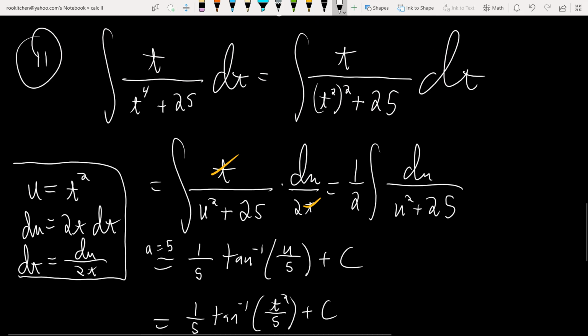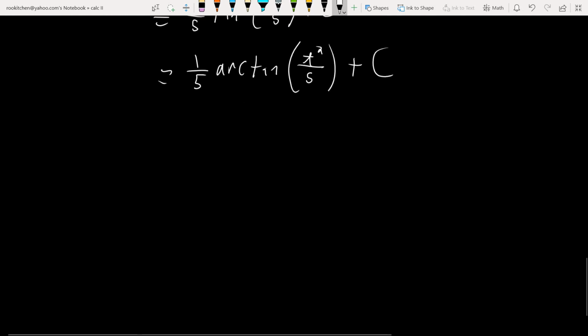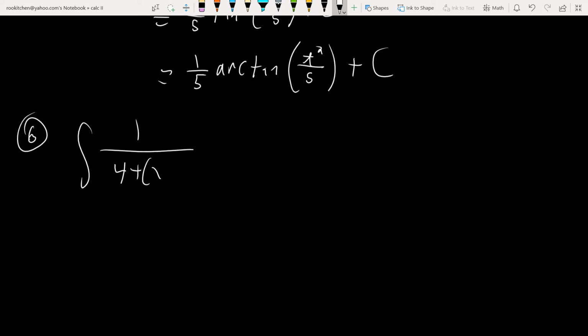Okay. Let's look at another one. Let's look at something a little more weird. Let's look at number 6. We have 1 all over 4 plus x minus 3 squared dx. So it has that form, but the u this time is not a single term.